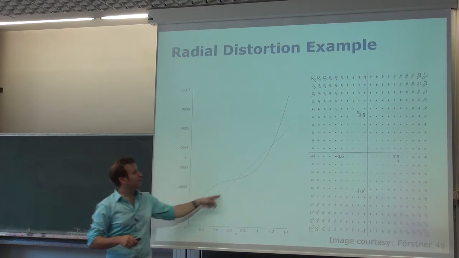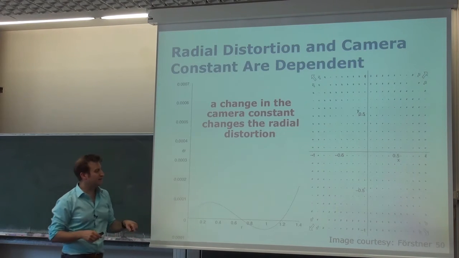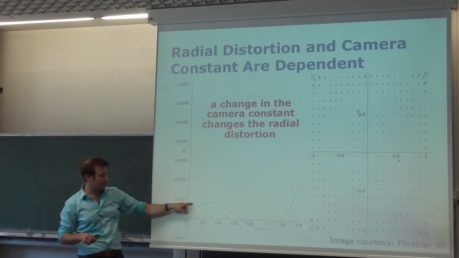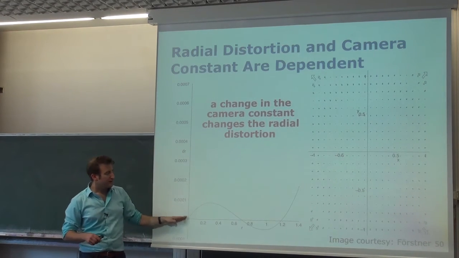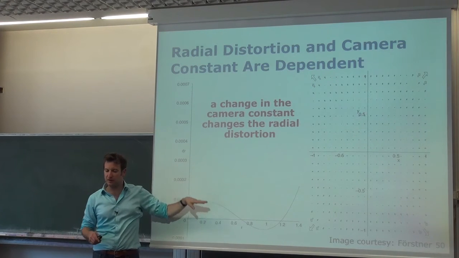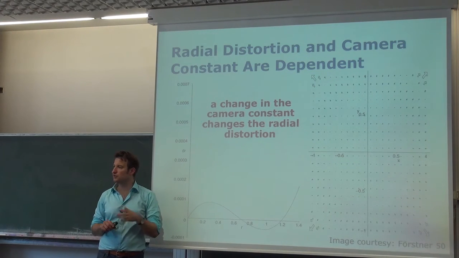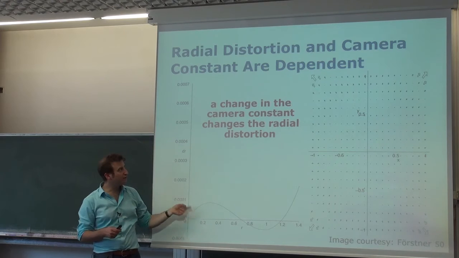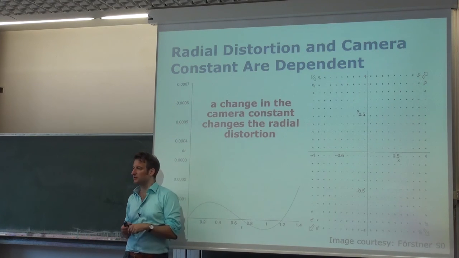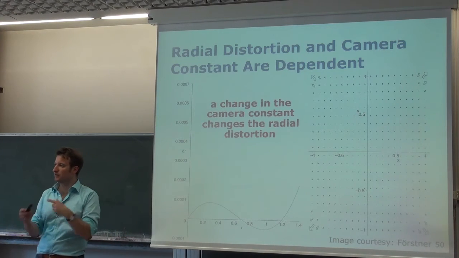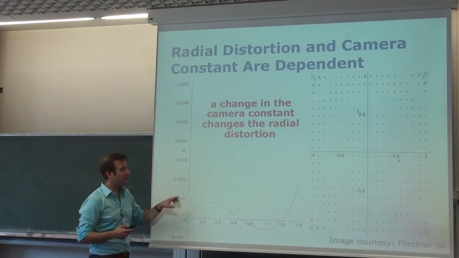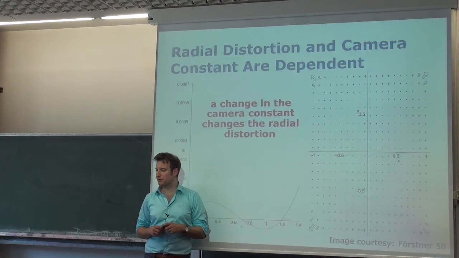So if I compensate for that and then estimate a different radial distortion, this line gets compensated by the camera constant. So a change in the camera constant also leads to a change of the radial distortion. There's a dependency between the different parameters, also the linear ones in the DLT and the potentially nonlinear parameters.